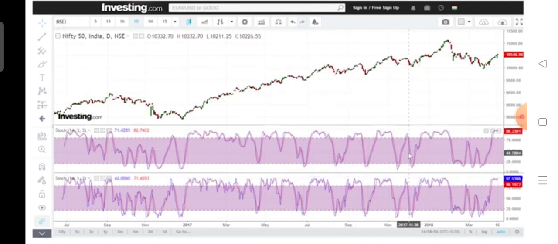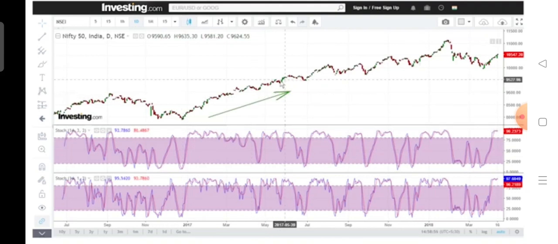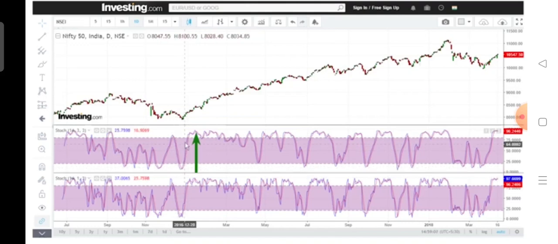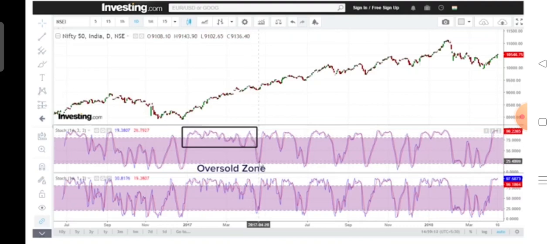But if there is a sustained move without much correction like this up move, in that case stochastic fails to give further trading signals. In the first up move, it will go from oversold to the overbought zone, and then it will hover around the overbought zone for quite a long time before coming back to the oversold zone.